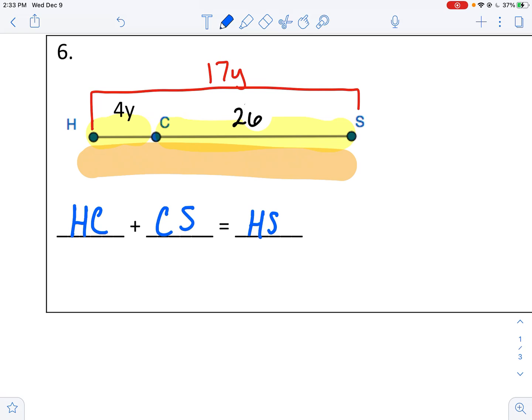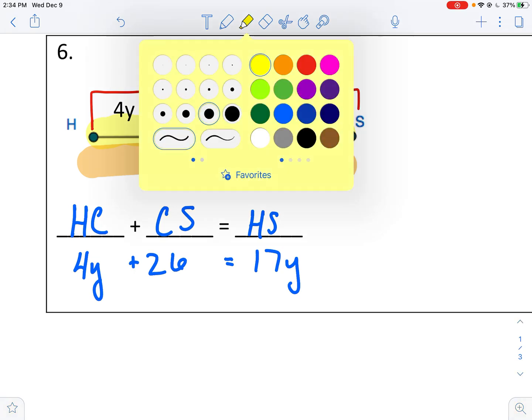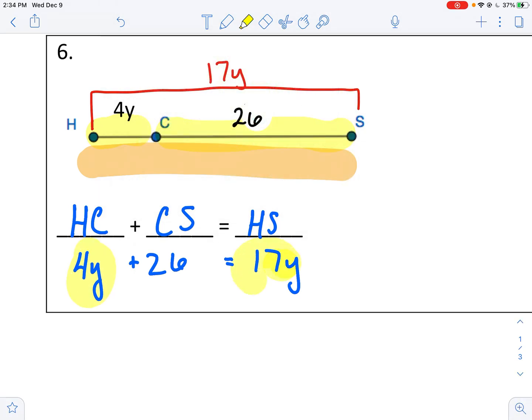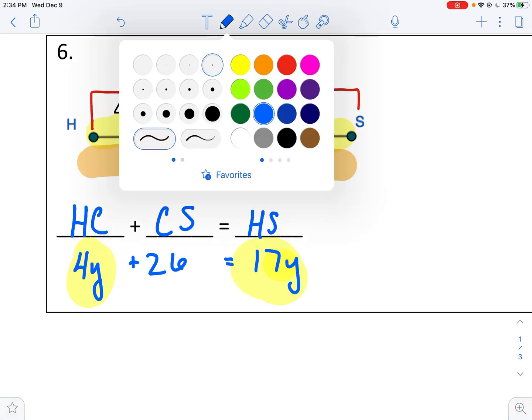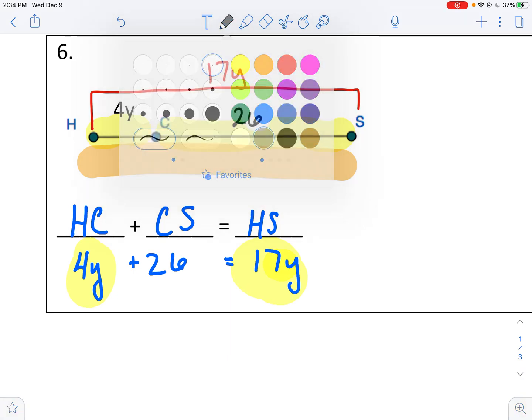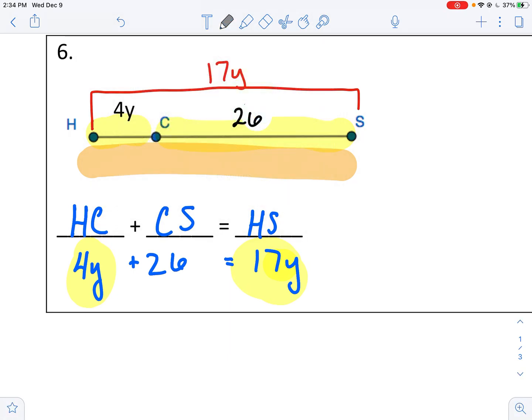So then I have 4y plus 26 equals 17y. And the most important thing you can identify here is what are my like terms. My like terms here are 4y and 17y, because those are the like terms that I need to get together on the same side.